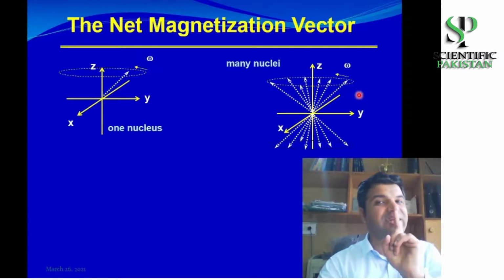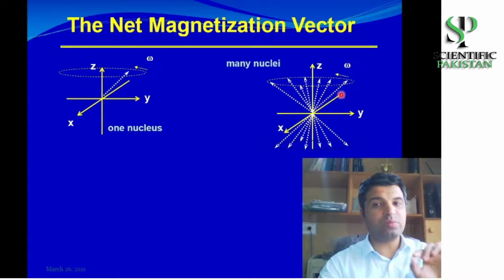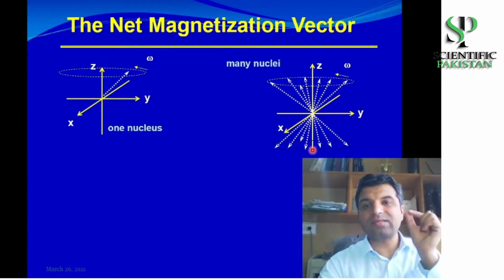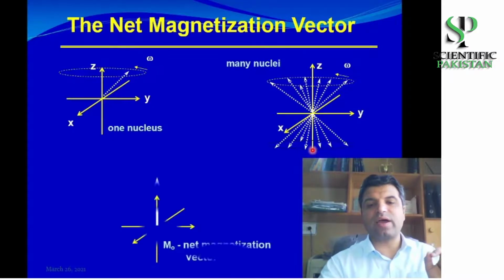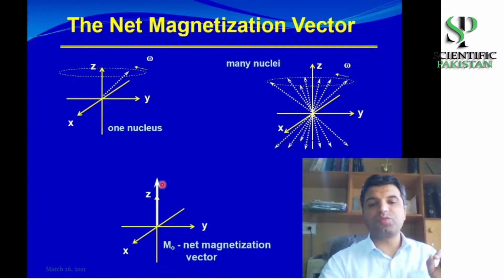But you know that there is a slight excess of nuclei in the alpha state. So some nuclei will be left behind whose magnetic moment is not cancelled by nuclei in the beta state. And that is the excess nuclei. Those excess nuclei are shown with this bold vector. You can see this bold arrow here as M naught, or the net magnetization vector.